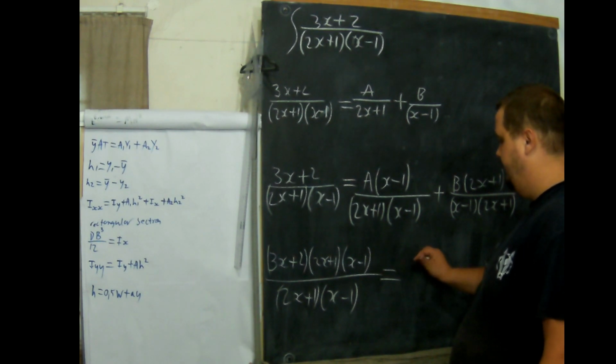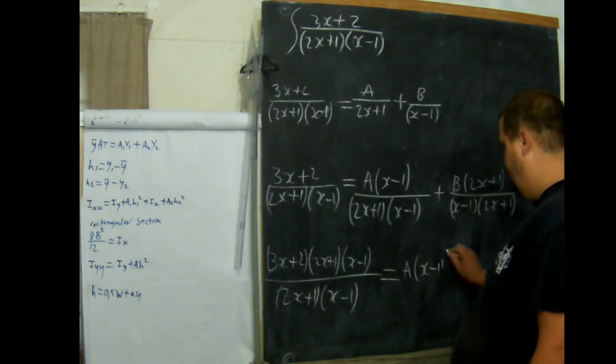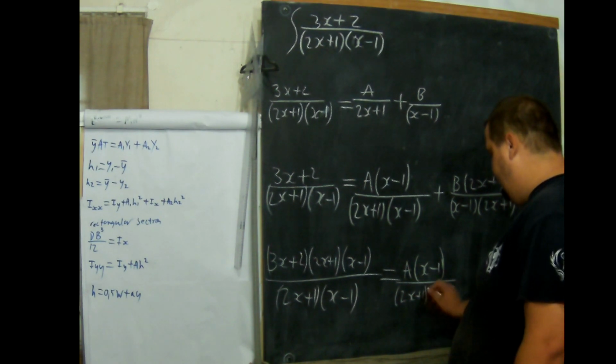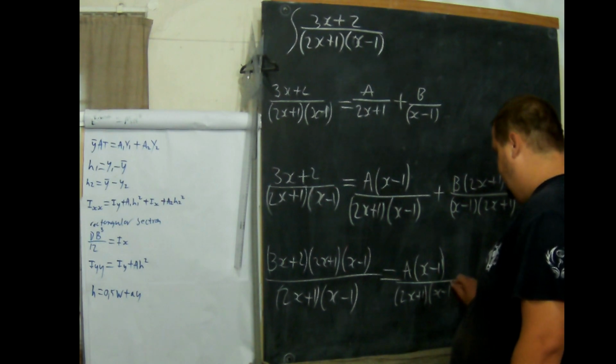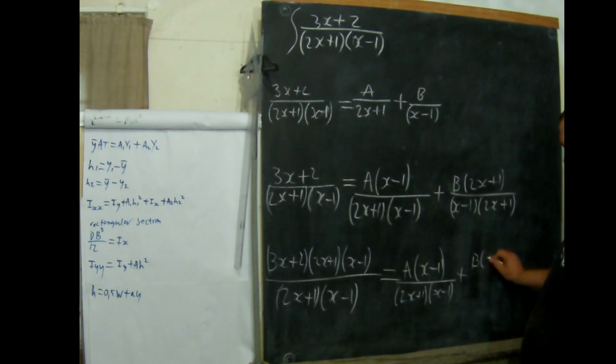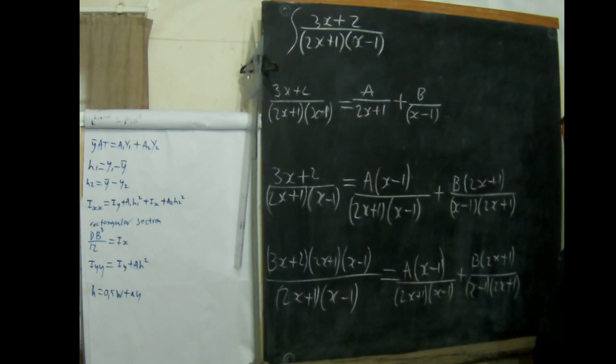So what we have now is A(x - 1) over (2x + 1)(x - 1), plus B(2x + 1) over (x - 1)(2x + 1). Okay.